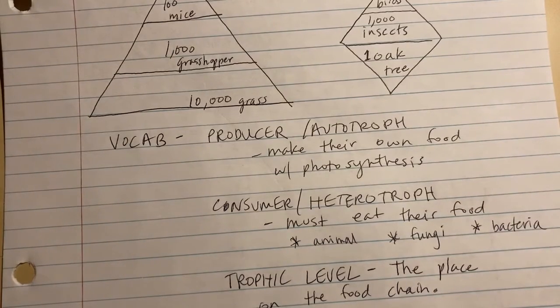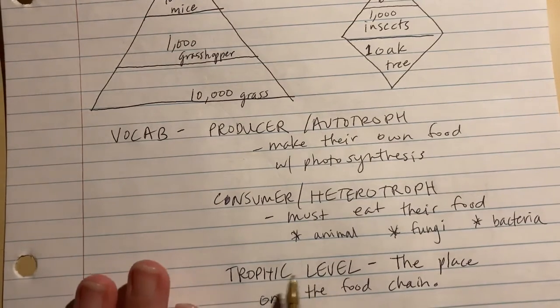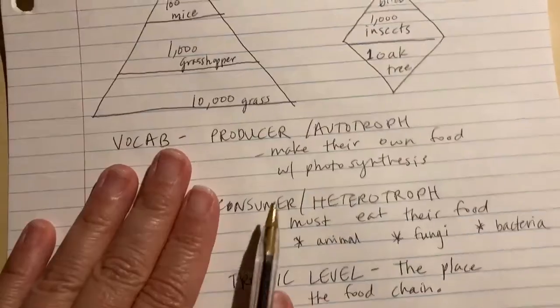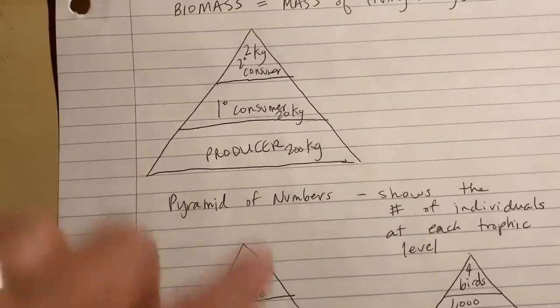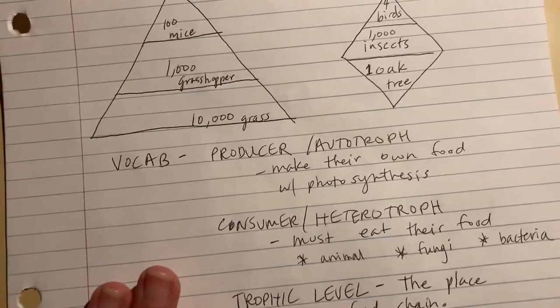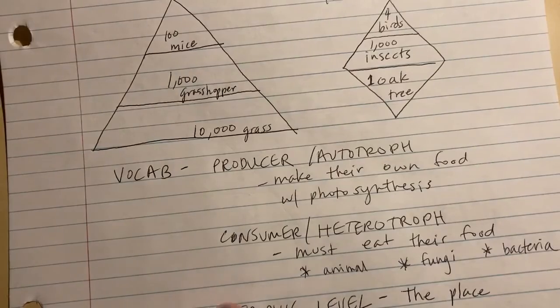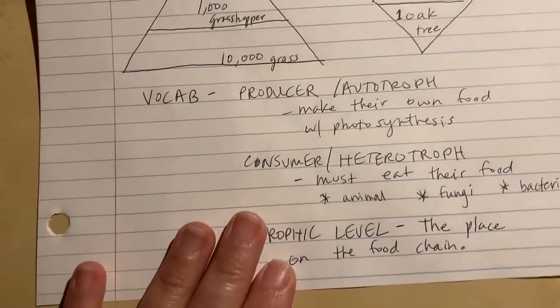That's the whole thing where you get producer, primary consumer, secondary consumer. And if we're talking about trophic level, you're probably going to see that in the context of these kinds of ecological pyramids, right? All right, I think we're good on these notes.